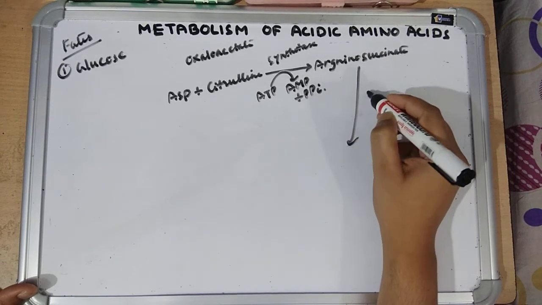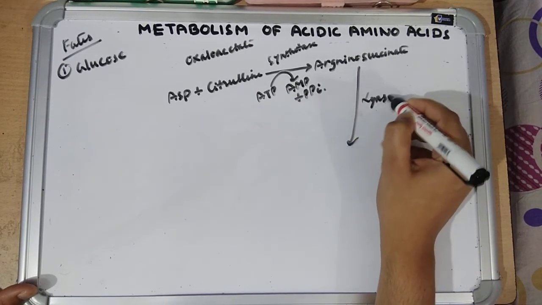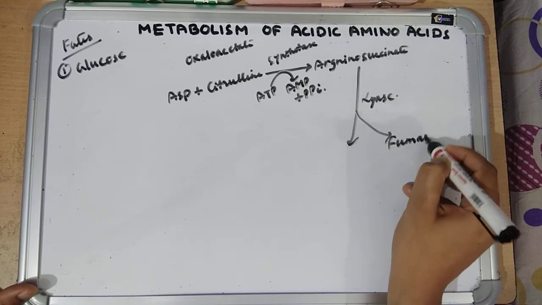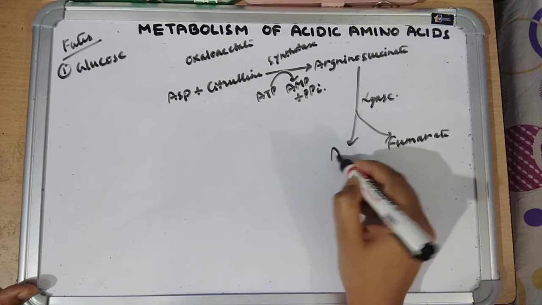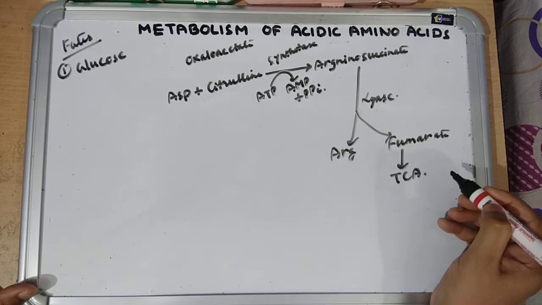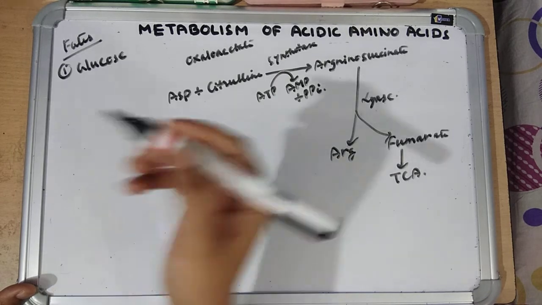Argininosuccinate lyase cleaves argininosuccinate to form fumarate and arginine. This fumarate enters the TCA cycle and thus it can form glucose.